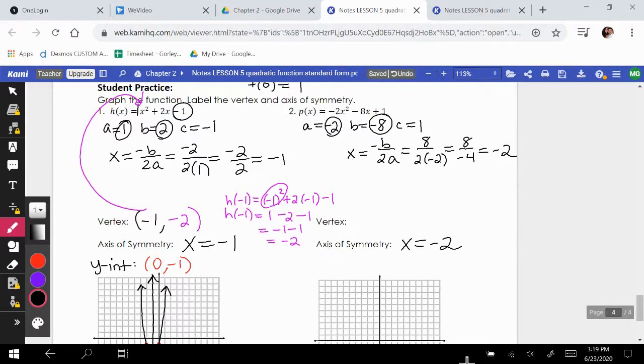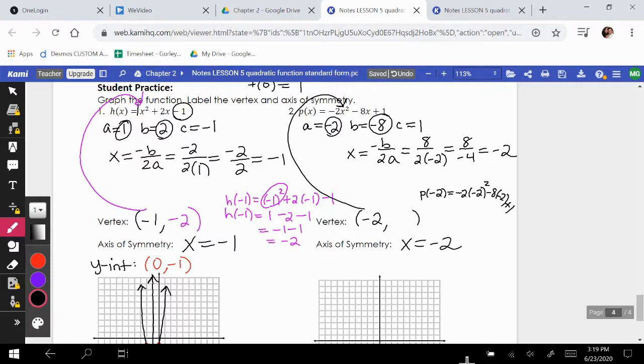Remember, the x value for the axis of symmetry is the same as the x value for the vertex. And in order to get the y value of the vertex, I just have to plug in -2 up here into my function. So p of -2 is going to be -2 times (-2) squared minus 8 times -2 plus 1. I'm running out of room.